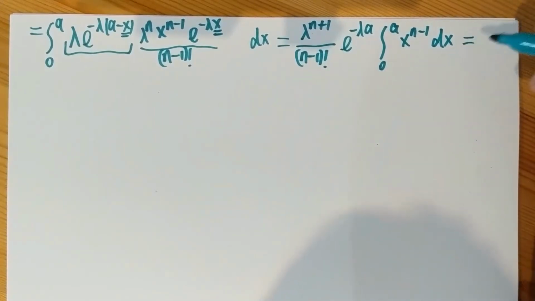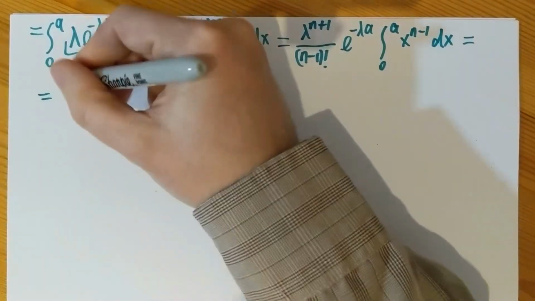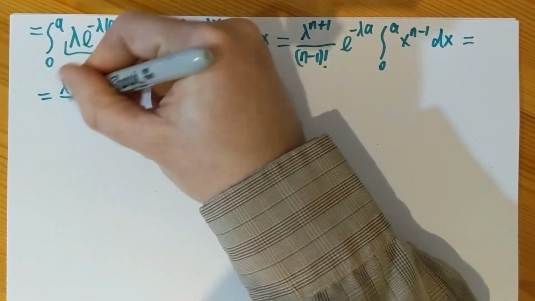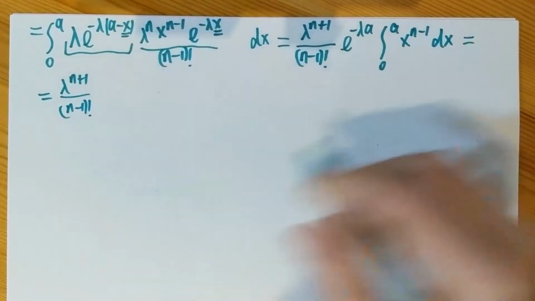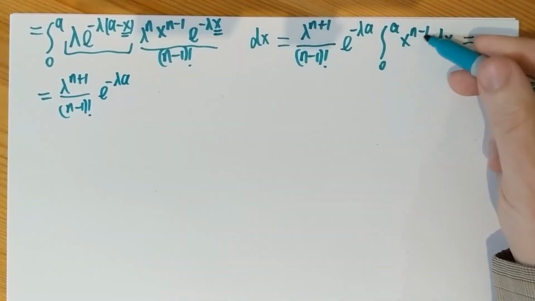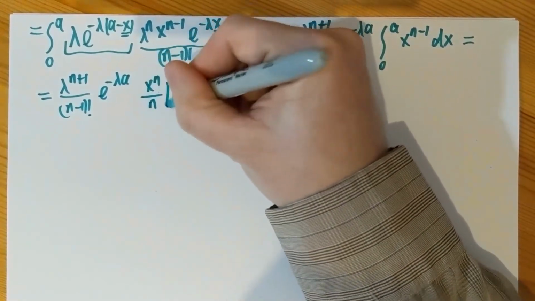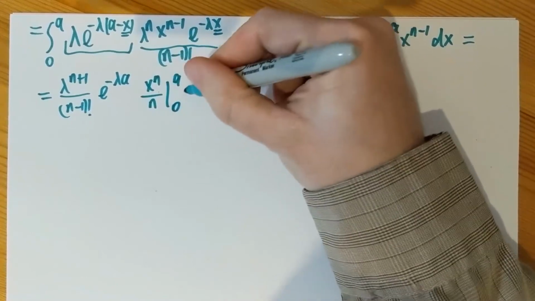Okay, so this is an easy integration. Lambda to the n plus 1 over n minus 1 factorial, e to the minus lambda a. And so now I'm integrating x to the n minus 1, that gives me x to the n over n, taken at a and subtracted at 0.